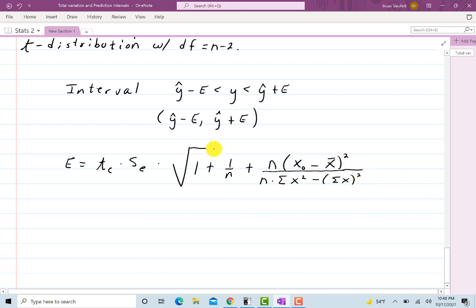And all of that is under the square root sign. So let's create a prediction interval for this particular problem.